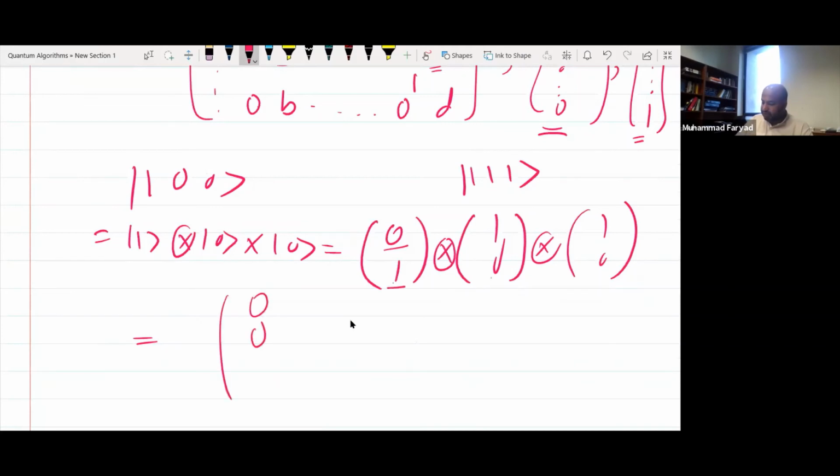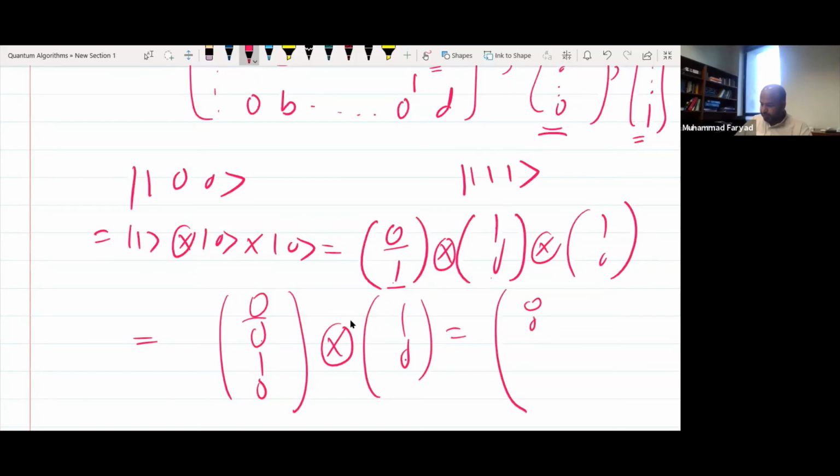This 1 into 1 0 will be 1 0. Tensor, this 1 0 is as it is. Now this 0 into 1 0. So this is 0 0, 0 into 1 0 0 0. 1 into 1 0 is 1 0. Okay, so this is not it. So let's check out the 0 1 1.